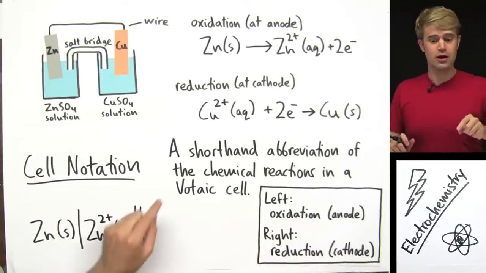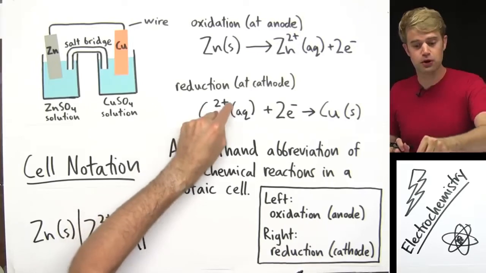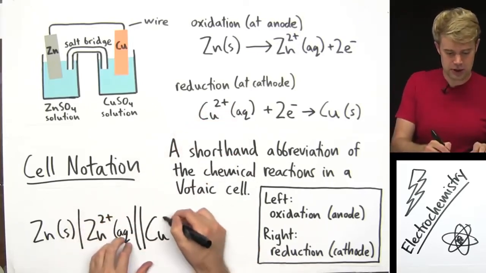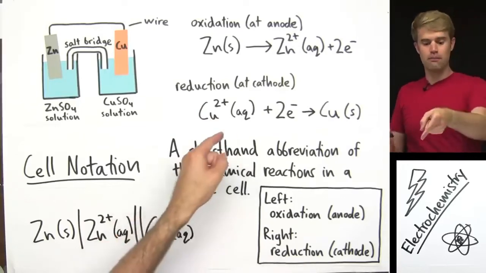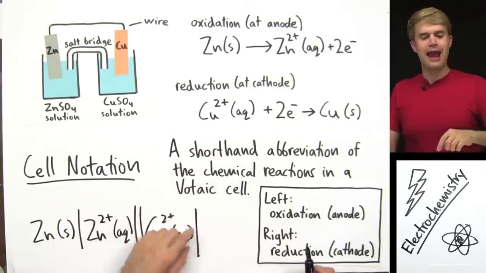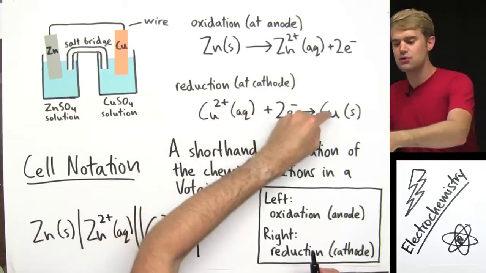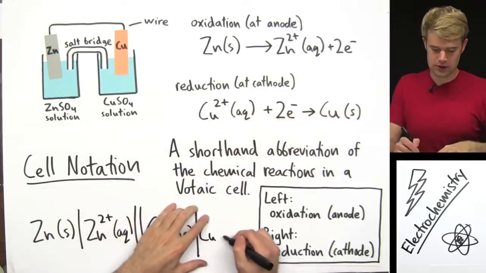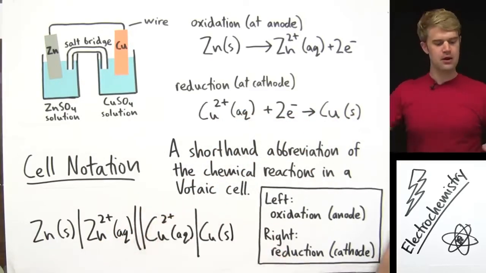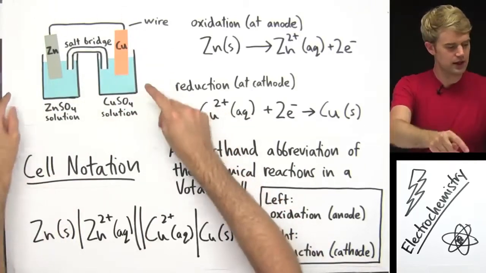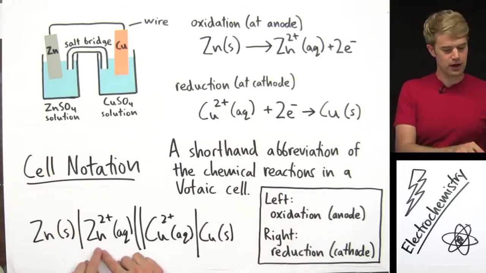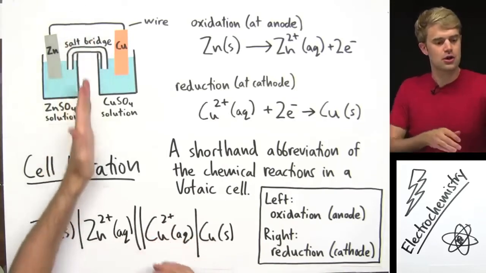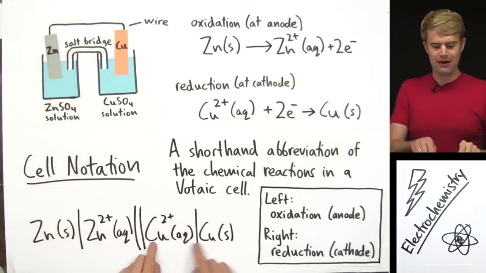So the reduction process begins with Cu2+ aqueous, and then I will put another one of these lines, and the reduction process ends with Cu solid. So this is how we can sum up what's going on in this voltaic cell using cell notation.